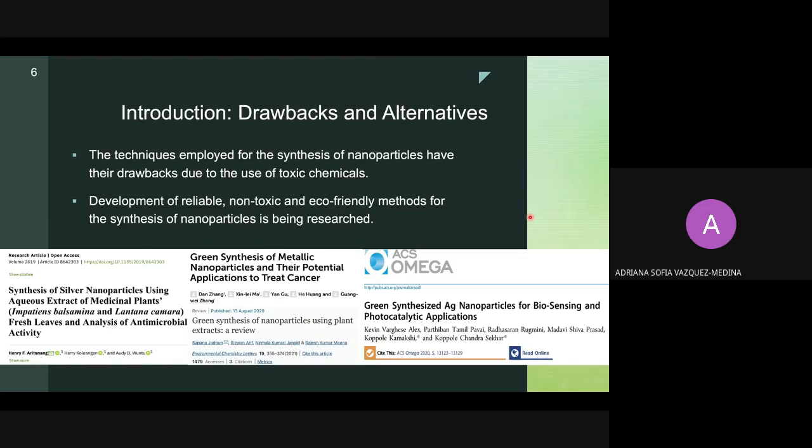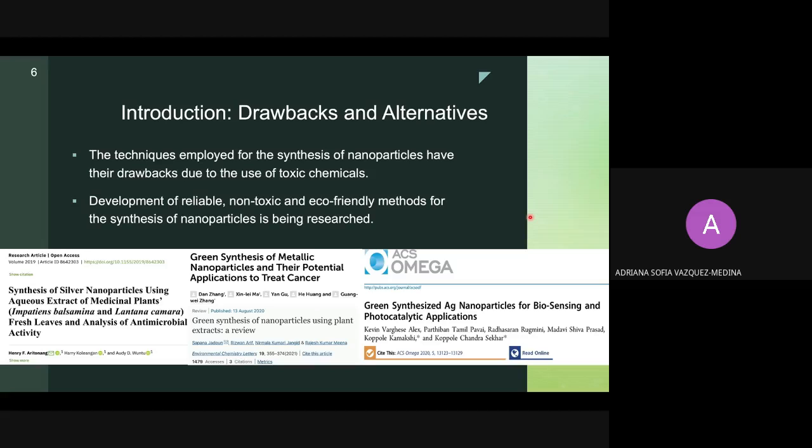Although, as I said, it wasn't mentioned in depth, the techniques employed for the synthesis of nanoparticles have their drawbacks due to the use of toxic chemicals. As I said, some of the commonly used solvents like THF and DMSO are rather harmful, because the industrial synthesis, be it from the pharmaceutical companies or the other alternatives, is rather harmful.